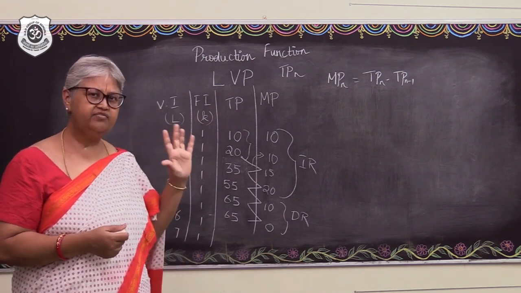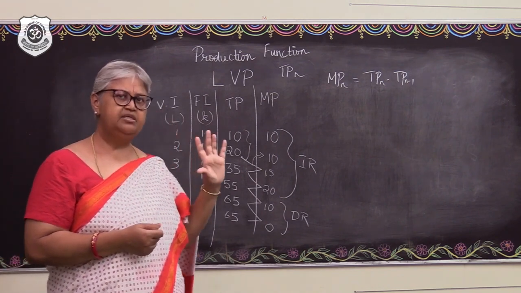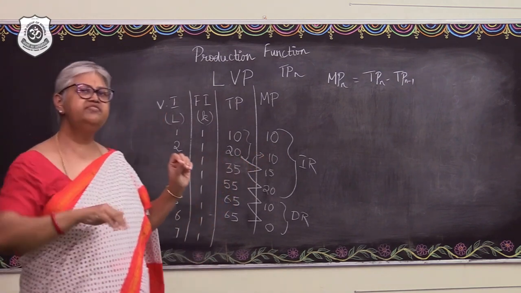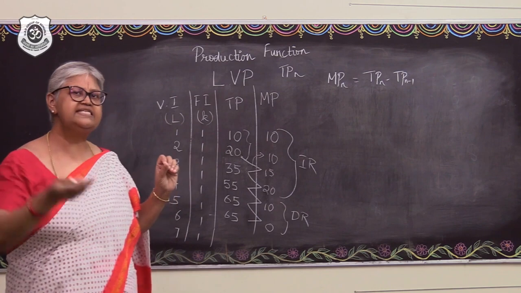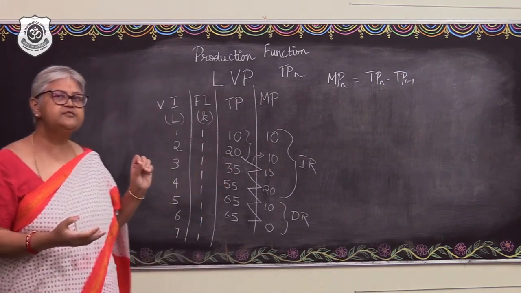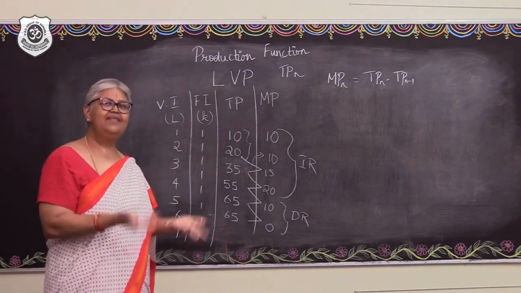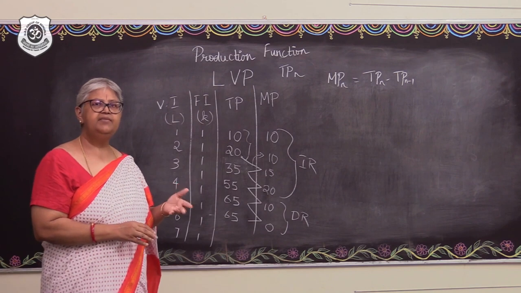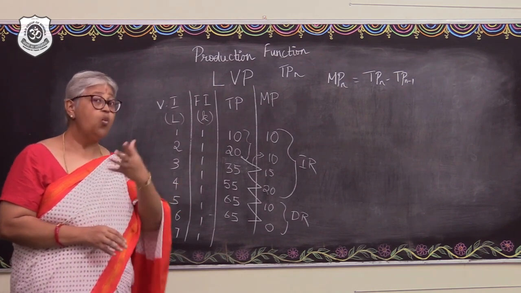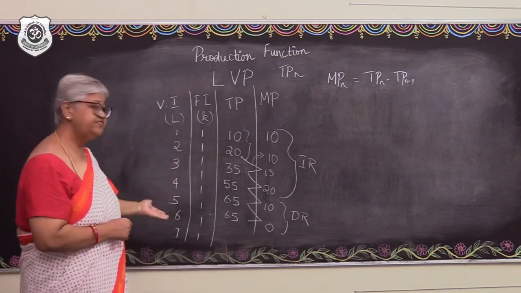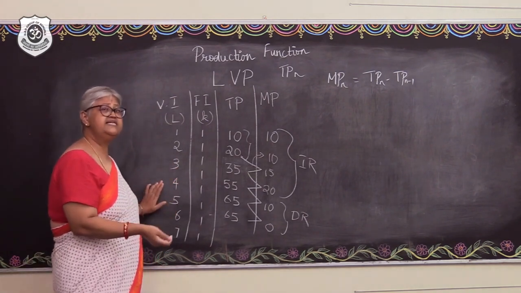It is just enough for 5 people to work with that piece of capital. Just because the firm is employing the 6th and the 7th unit of laborer, we cannot expect them to contribute more. They may be contributing less. Why that happens? We'll definitely come to that. Now let's finish this and then move on to the reasons.